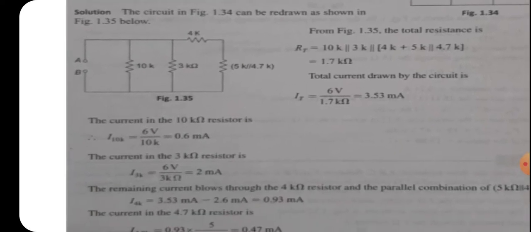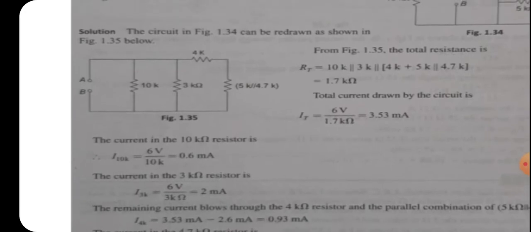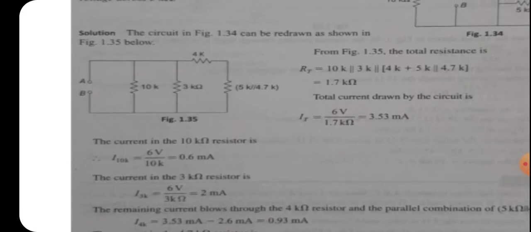Before that, if you are looking at figure 1.35, you have the total voltage 6 volt and total current is 3.53 milliampere. And what will be the current direction? That current 3.53 milliampere is divided into 3 parts: one part goes to the 10 kilo ohm resistor, another part goes to the 3 kilo ohm resistor, and another part goes to the 4 kilo ohm resistor.